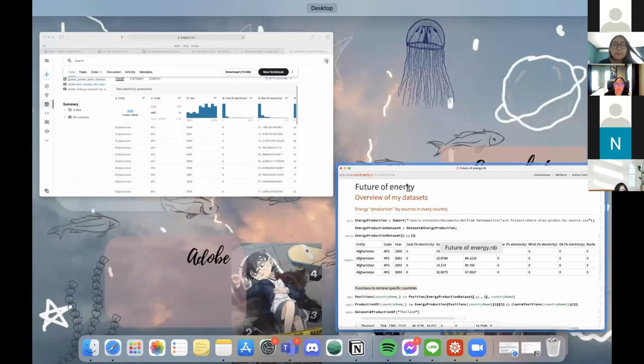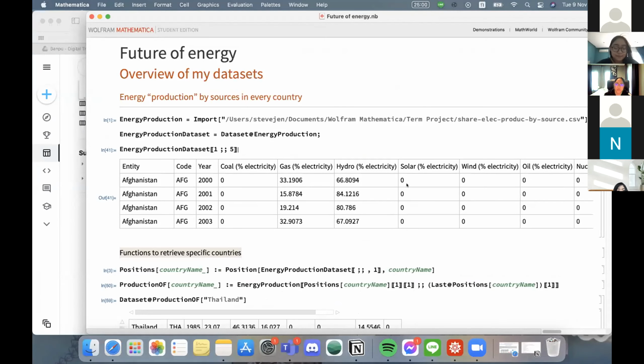The objective of my project is to evaluate Thailand's energy production compared with other countries and classify the countries by their energy development, whether they are developing toward nuclear energy or toward renewable energy.